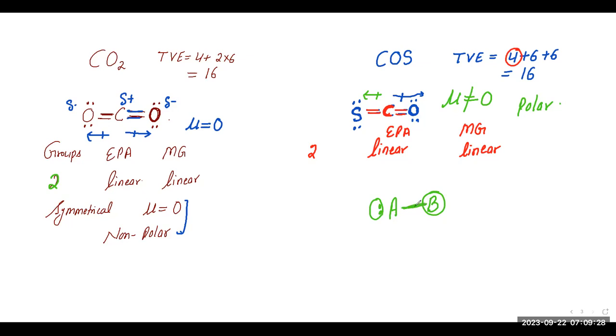There's a line only, right? So generally we don't talk about these types of examples. So there is only one example that is linear. It can be symmetrical, it can be not symmetrical if atoms are not identical.